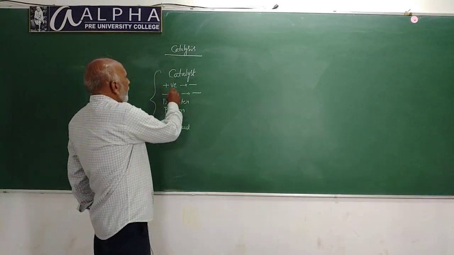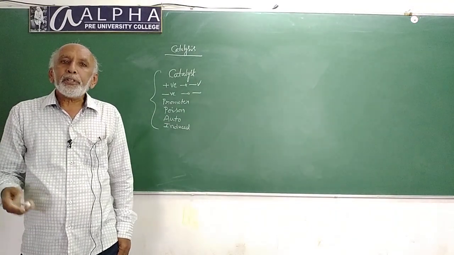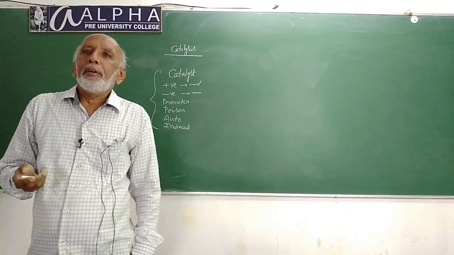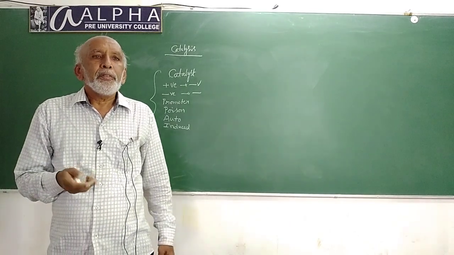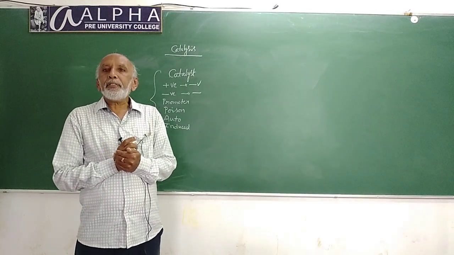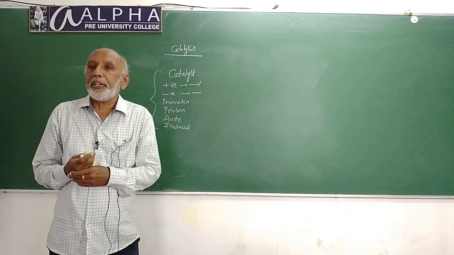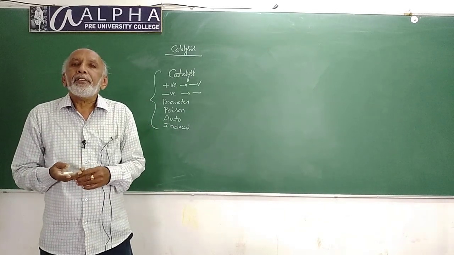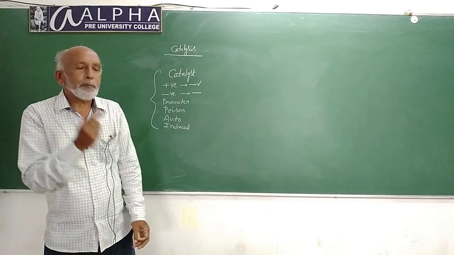Next, positive catalyst. What is a positive catalyst? A positive catalyst is a substance which increases the rate of reaction, which enhances the rate of reaction. Give an example for this.